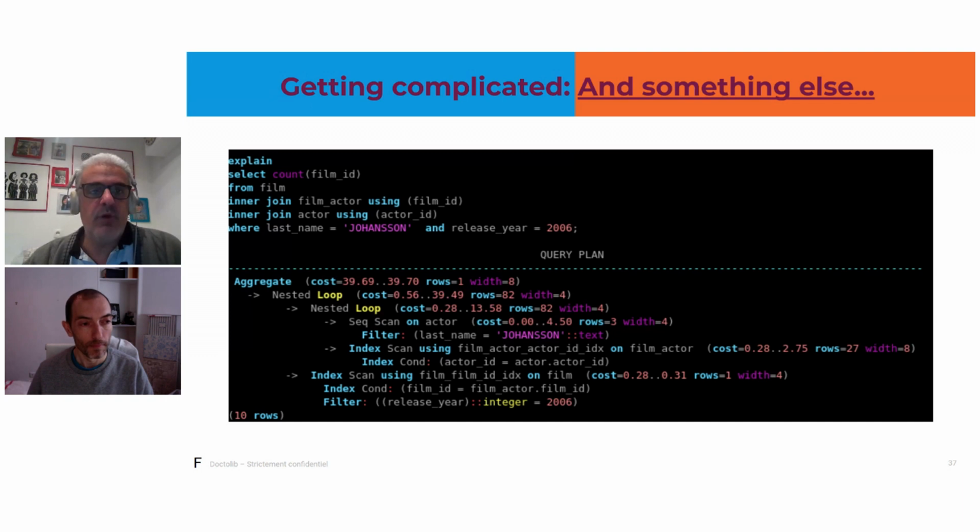I just have one row as a result. It's the count. But to have this count in one row, I have to retrieve, in the outermost loop in the plan, 82 rows of data. I take these 82 rows, put them in a temporary space in RAM or disk, and then I can count them.